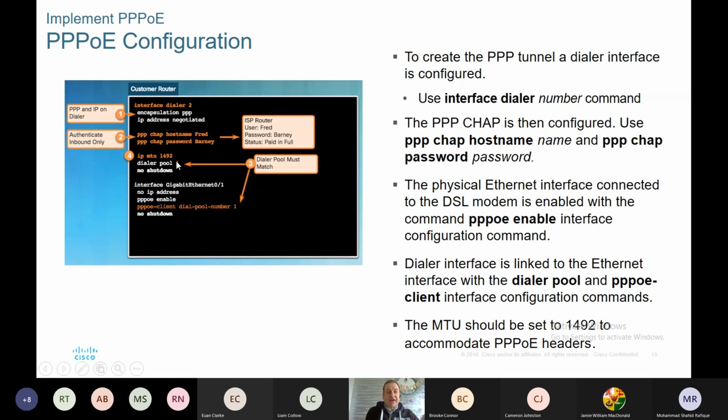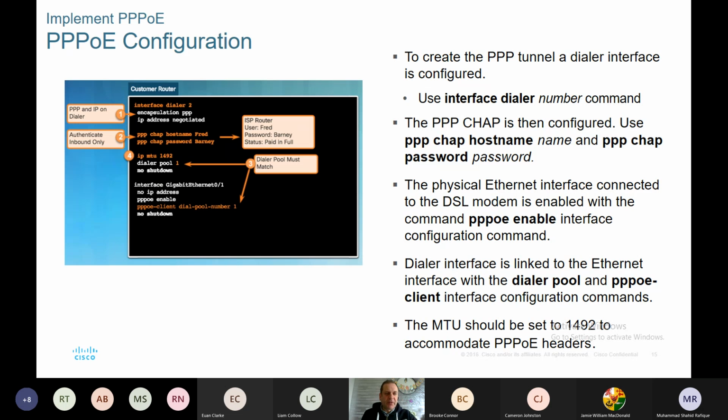You then say it's dialer pool 1 or whatever, as long as it matches, no shutdown. You go into your interface that connects to the internet, no IP address, PPPoE enable, PPPoE client dial pool number 1, match it to the dialer pool, no shutdown, that's it. That's basically saying this can now go out through that dialer pool, out through the dialer interface, and it's PPPoE.